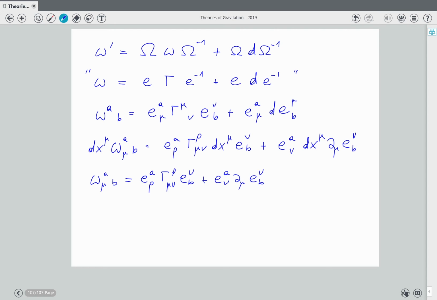This is completely general. We didn't make any assumption. This is just the relation between the Christoffel symbols in one basis and in the other basis. In one case it's called Christoffel symbols, in the other case it's called spin connection, but there is no assumption, no metric compatibility, no torsionless assumption. This is completely general.